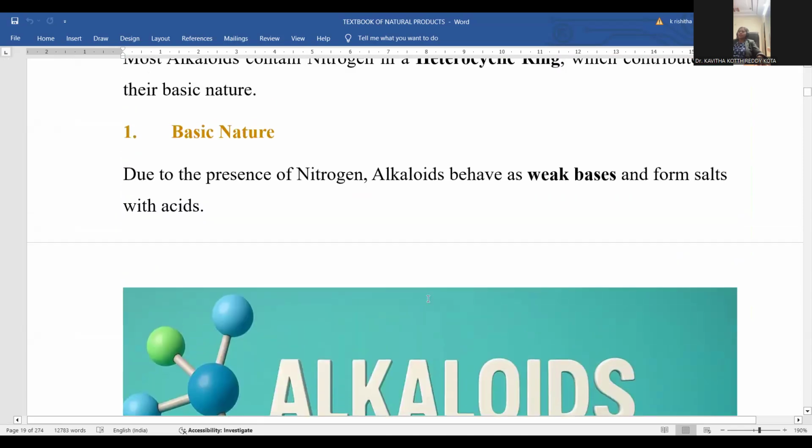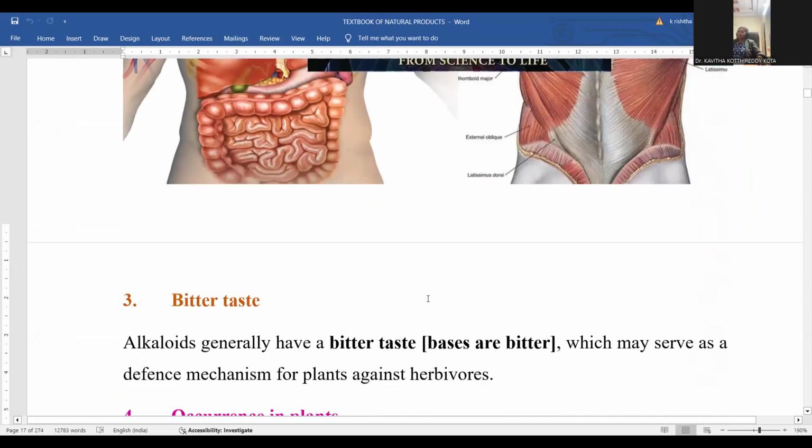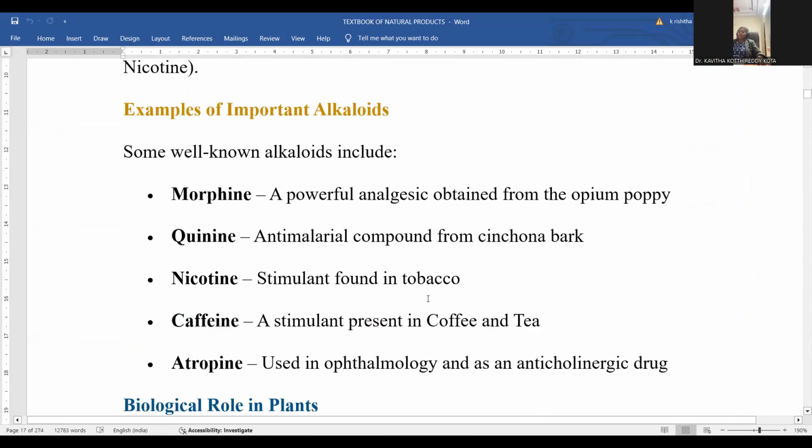By this, we have gone through some general physical properties, and let me introduce examples under the category of alkaloids. What kind of compounds come under alkaloids? Those examples we are going to discuss now.